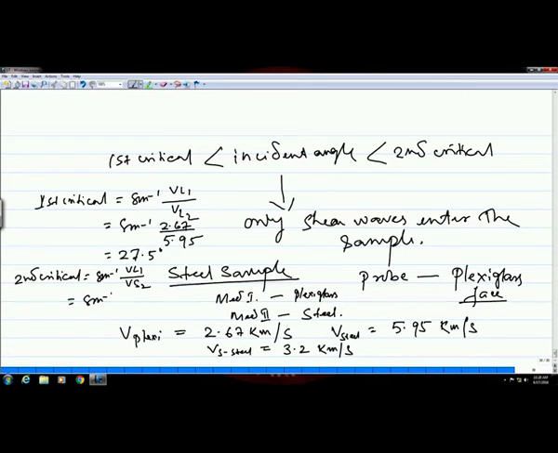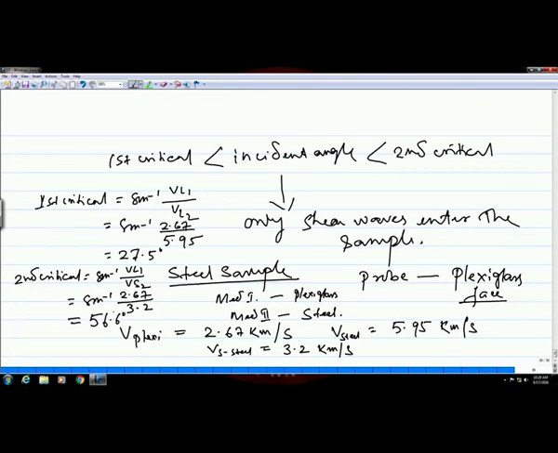So, that is sin inverse of 2.67 by 3.2. So, this will give you an angle of around 56 degrees, 56.6 degree.